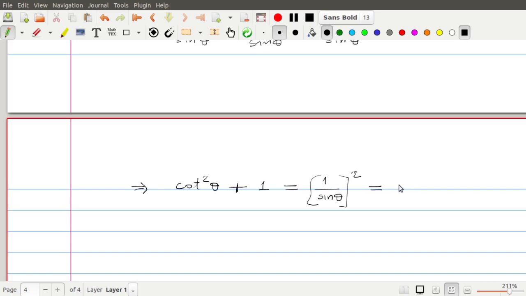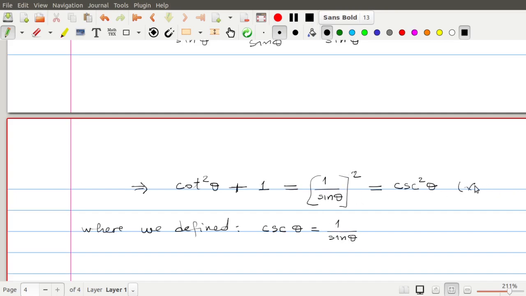Cosec we just write CSC, just to keep 3 letters, where we define cosec theta to be 1 by sine theta.